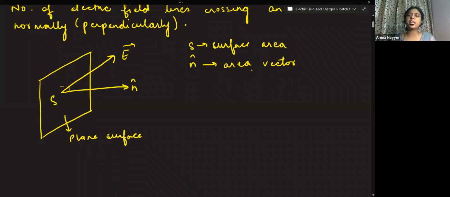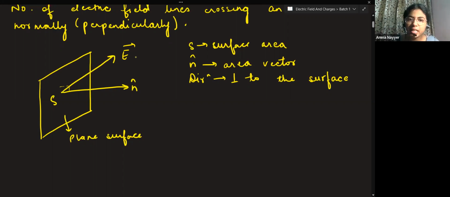So what is the direction of area vector? Direction of area vector is always perpendicular to the surface. Now see, electric field is making some angle with the area vector. Let's say this angle is theta.